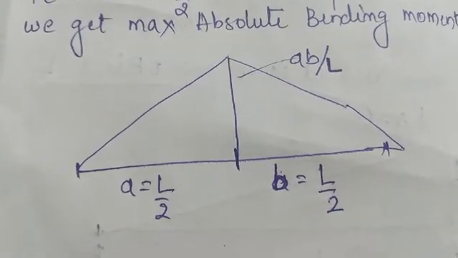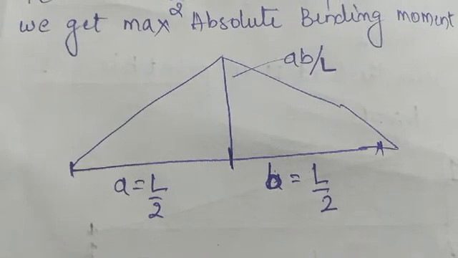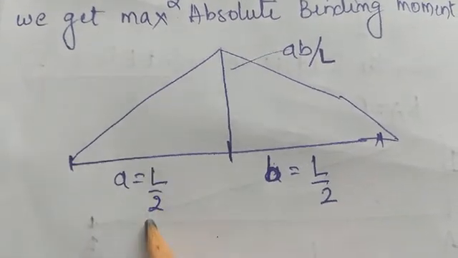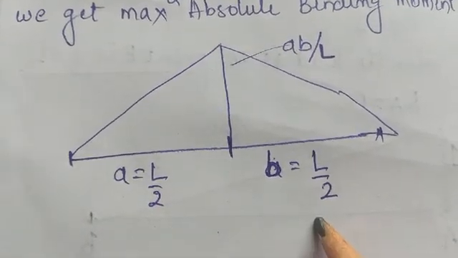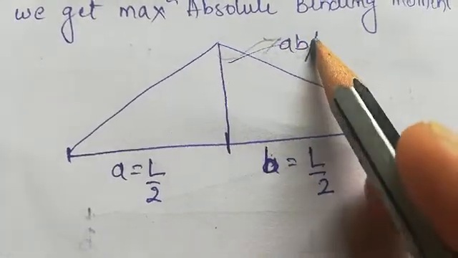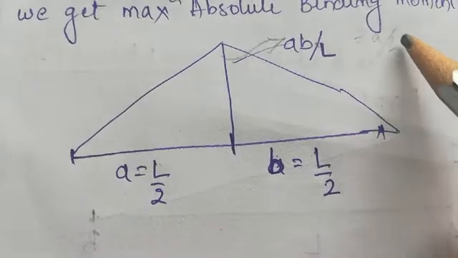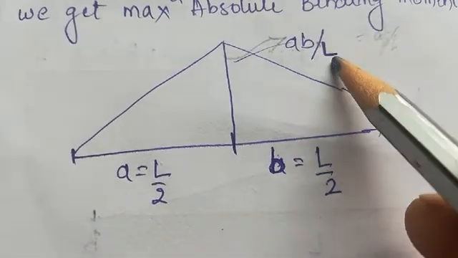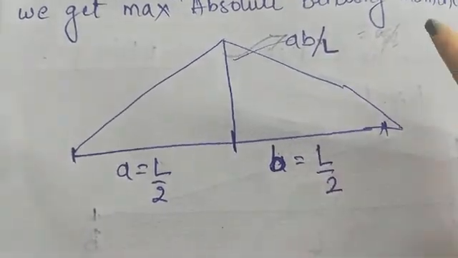That is, you will be having a triangle, but here the distance will be exactly L divided by 2 and L divided by 2. And the ordinate will be AB divided by L, where A is nothing but L divided by 2 and B is nothing but L divided by 2.